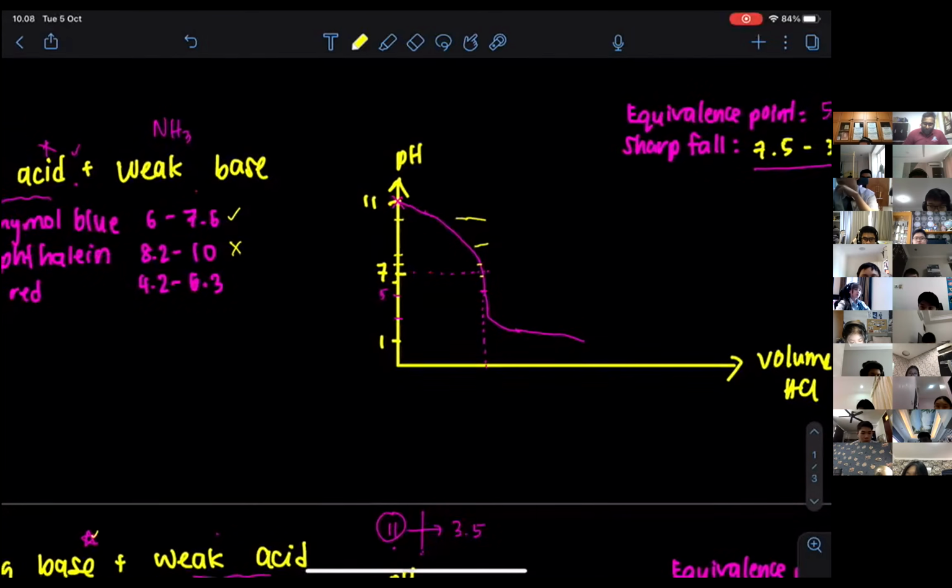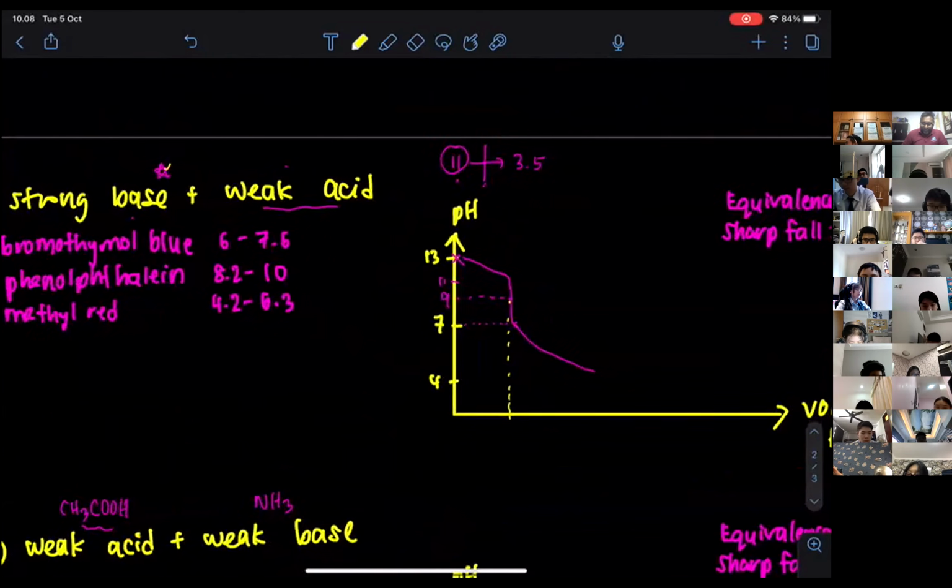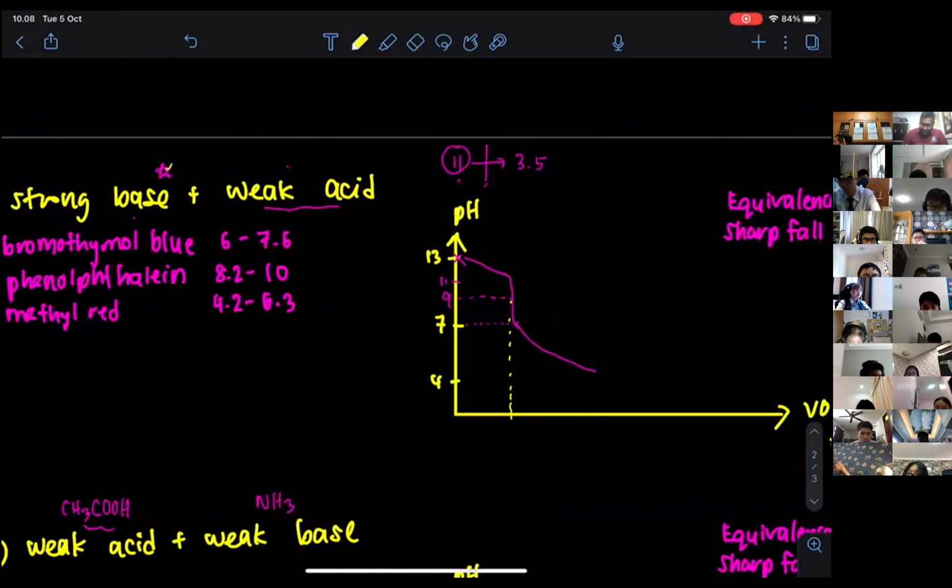And then for 4.2 to 6.3, 4.2 maybe from here to here, 6.3, yeah, you can use. This is how you identify. And then here, if you use bromothymol blue, 6 to 7.6, still possible but not really a good one.